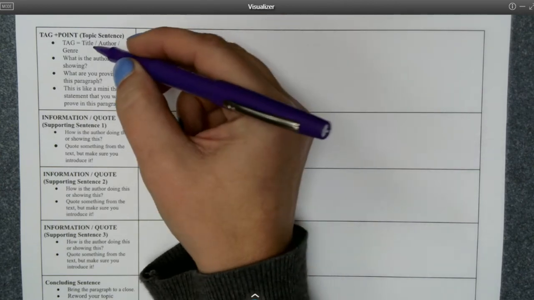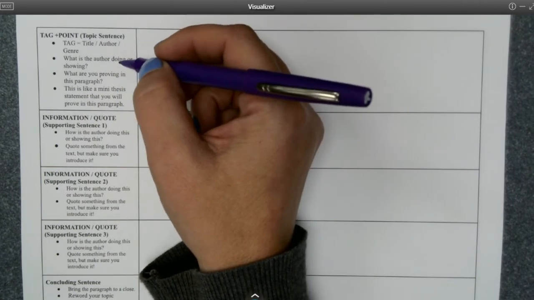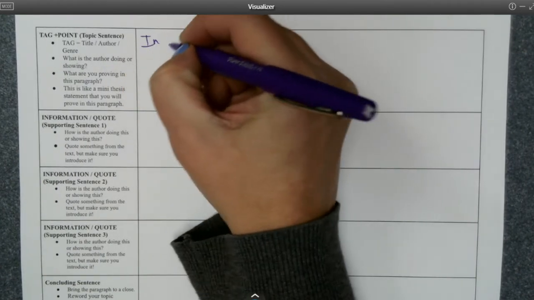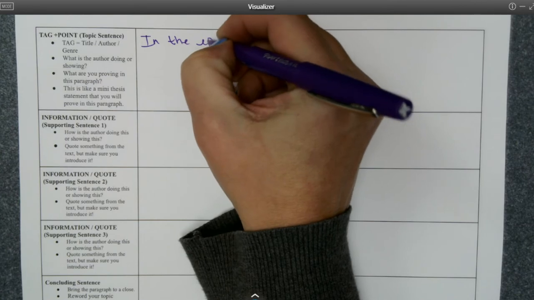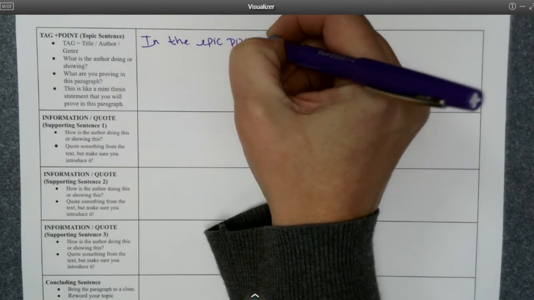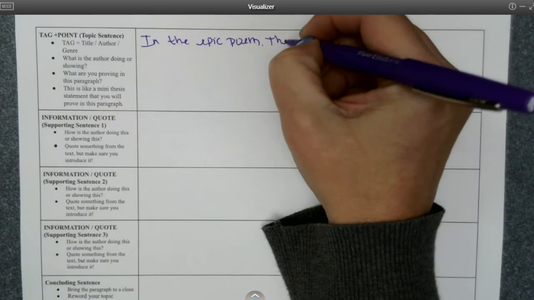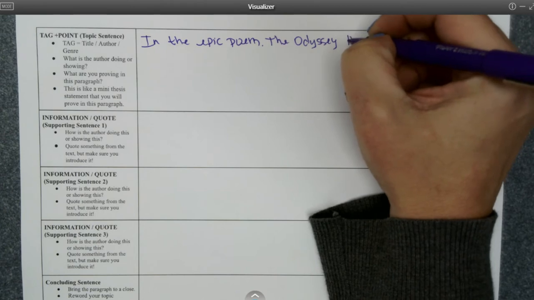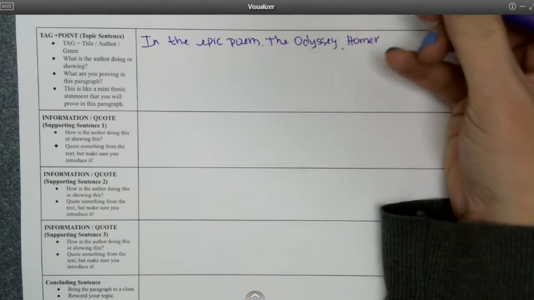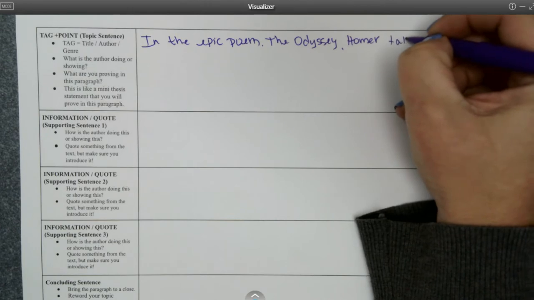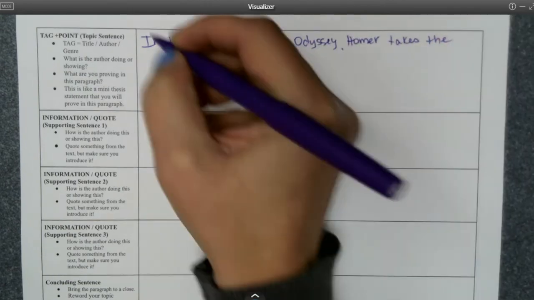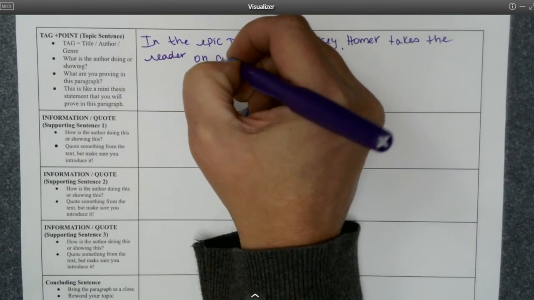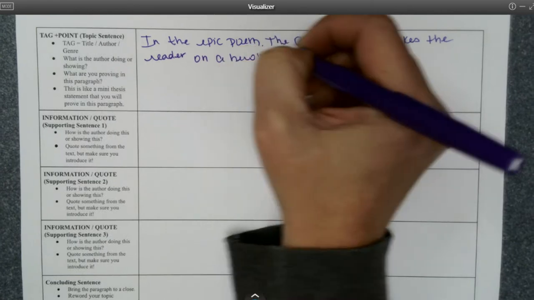If I was to write a tag sentence or a point sentence for the Odyssey, I might start out with something like, in the epic poem The Odyssey, Homer takes the reader on a hero's journey.